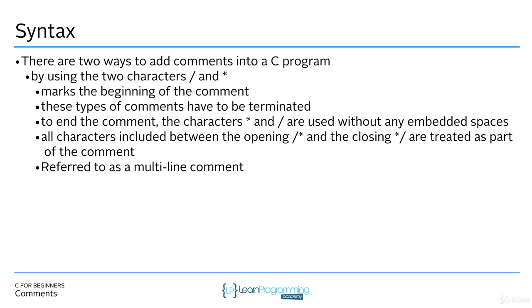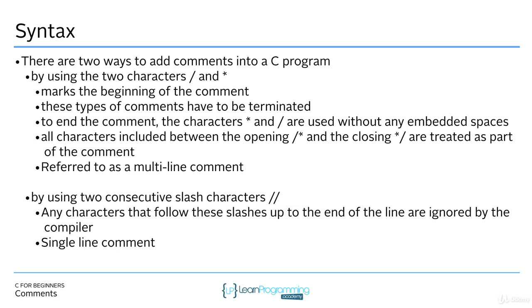And when you have these multi-line comments, because they have a starting marker, you have to have something that says it's ending. So to end the comment, you put the characters asterisk / at the end, without any spaces in between. And so then anything in between the /* and the ending */ is considered a comment. That way you can span multiple lines.